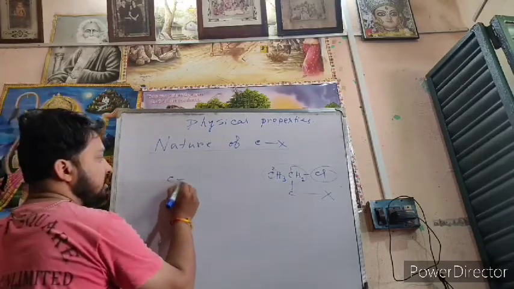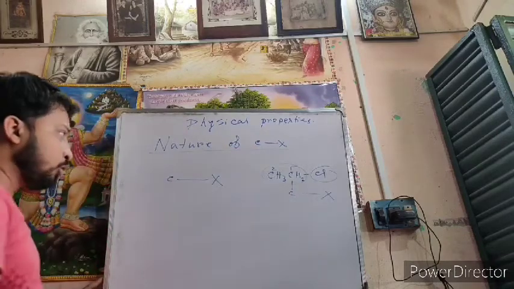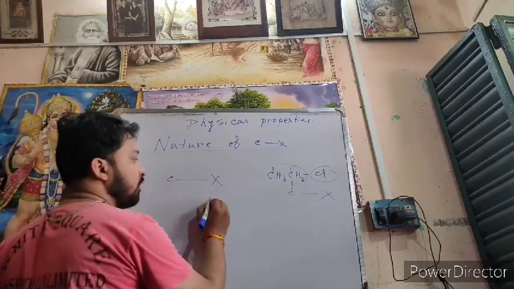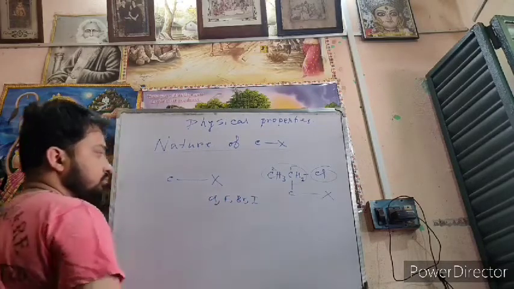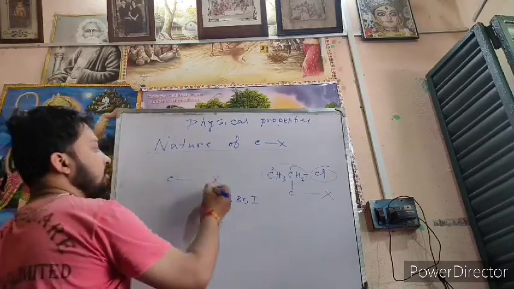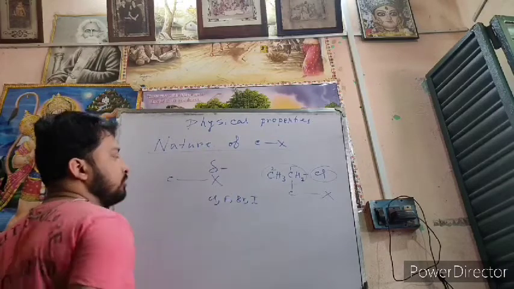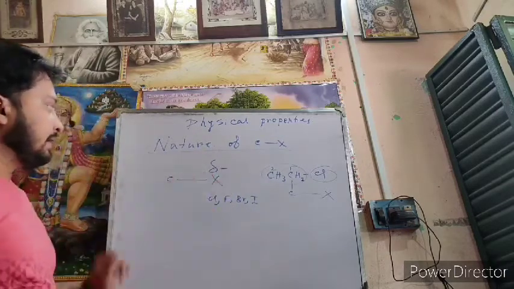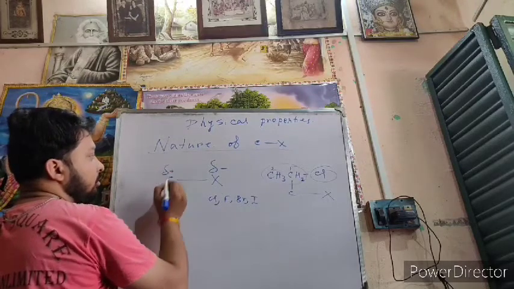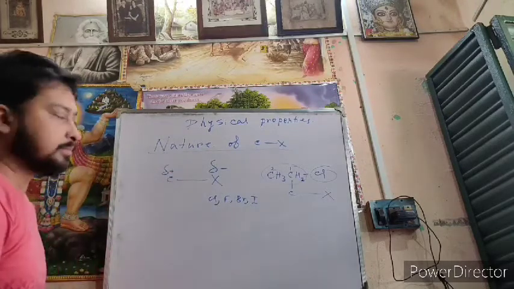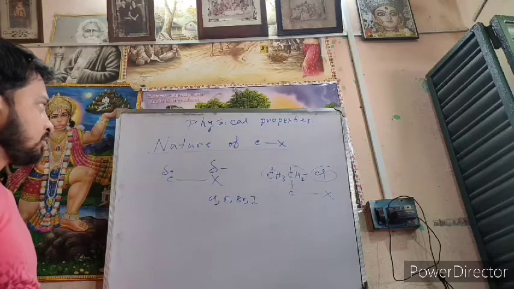Let's see. If we write the C-X bond, we know X means chlorine, bromine, iodine. The nature of this X is negative, so we may write it as delta negative, and the carbon is obviously delta positive.